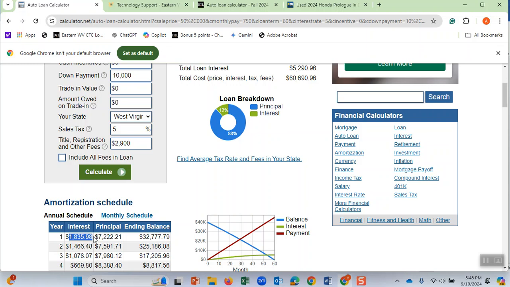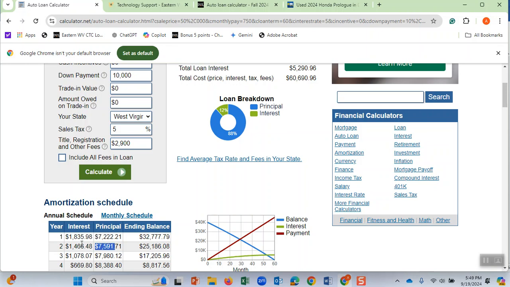At the end of the first year, if I decide to go and pay off my entire loan, because $7,222 of that 40,000 has been paid, therefore I have to pay the rest. If I want to pay everything at the end of 1 year, pay off my loan, I have to pay this much. At the end of the second year, if I want to pay the loan, I have to pay this much, because the principal has been reduced by this much.